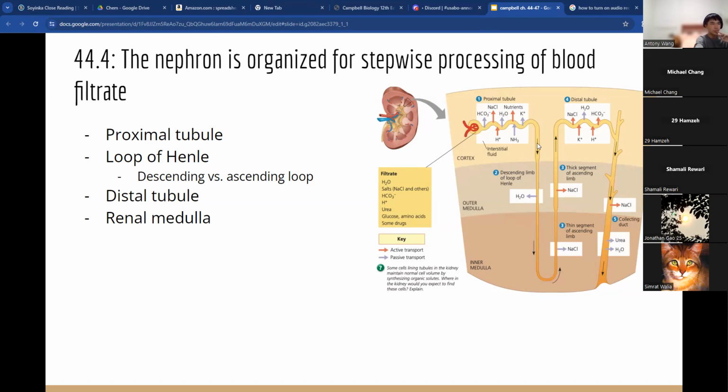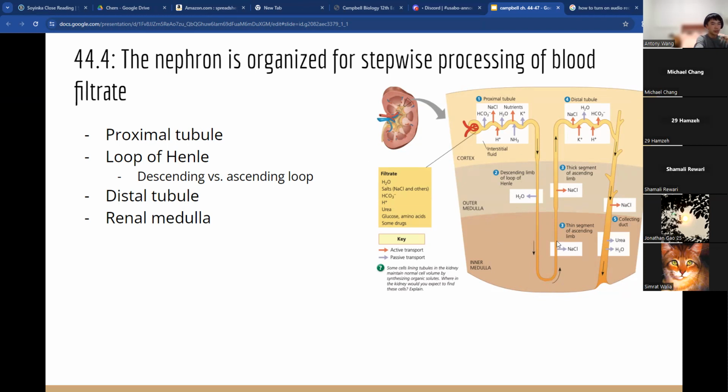So basically, as it moves down, water keeps moving out through osmosis, even though that makes the inside more concentrated. So by having this gradient of osmolarity, you're concentrating the filtrate a lot.